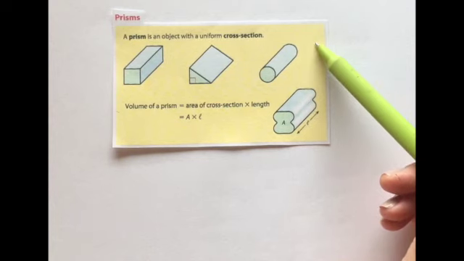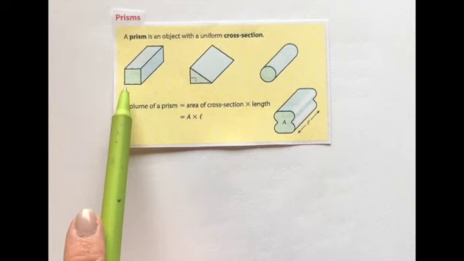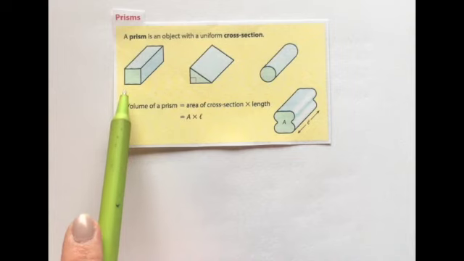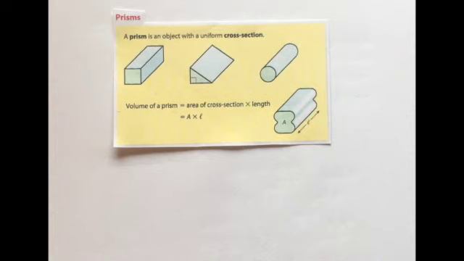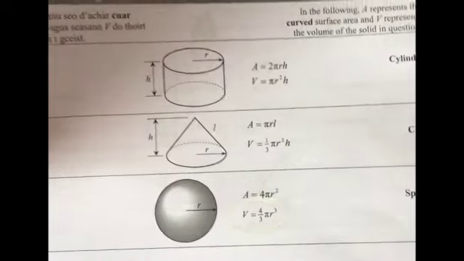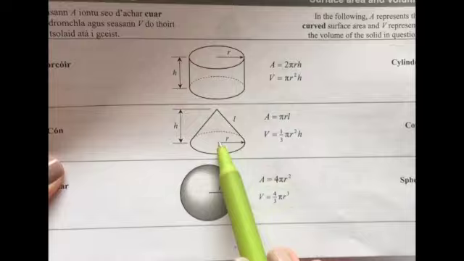Now, I want to talk about what formulae are in your log tables. We've already spoken before that the formula for a cuboid is not in your log tables. Length times width times height, you need to learn off. Now, with regard to prisms, the way it appears in your log tables, if you go to the section on surface area and volume, you see there you've got a cylinder, a cone, a sphere.